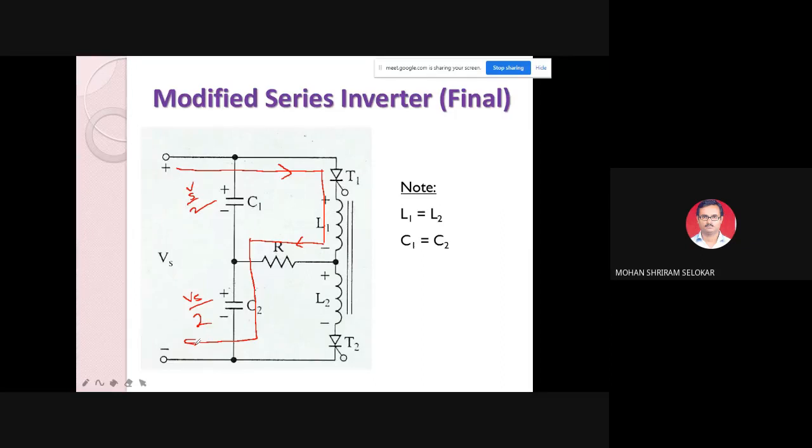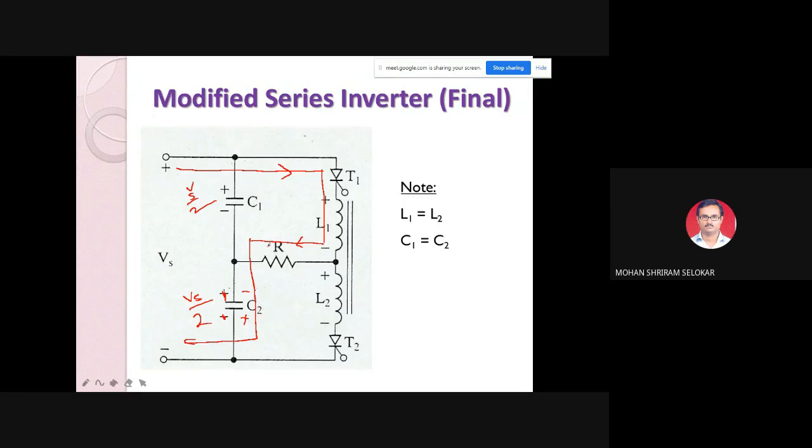Okay, now listen. Let me make one correction in this circuit. Initially this will be negative and this will be positive. The sum of the voltages across C1 and C2 will be EDC.